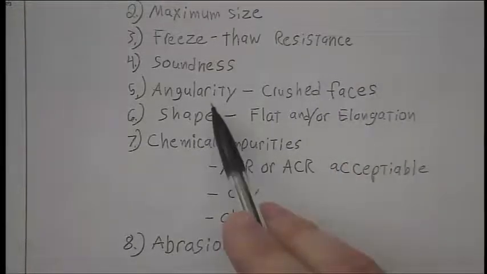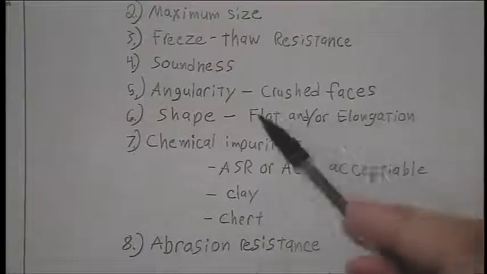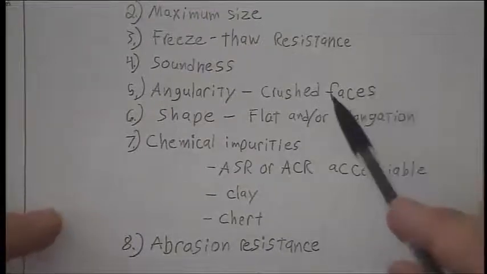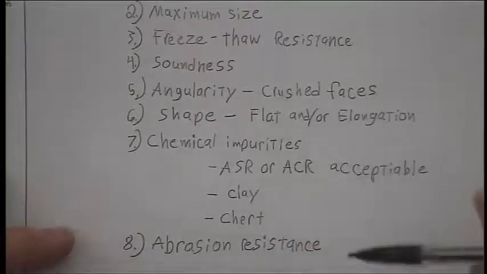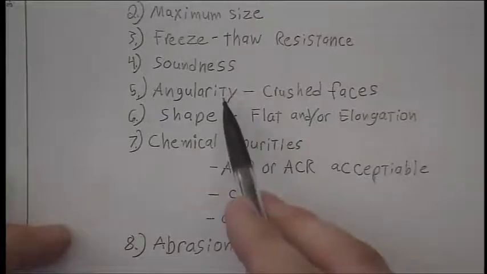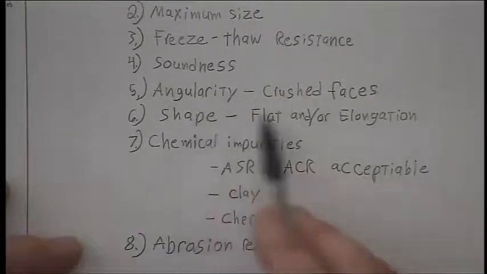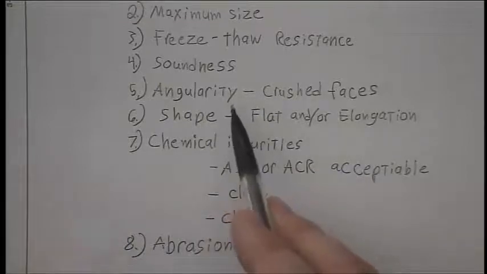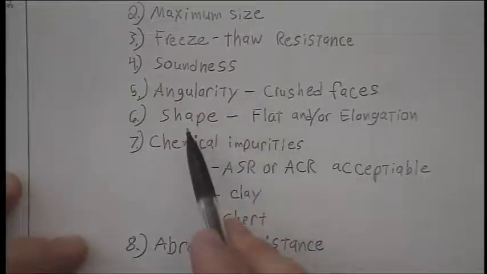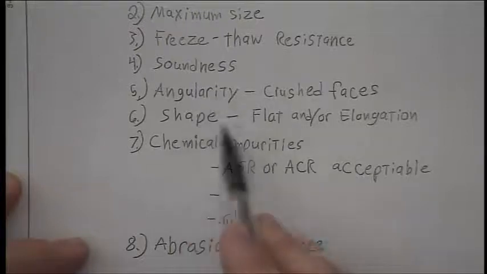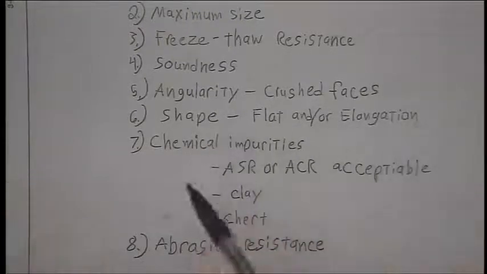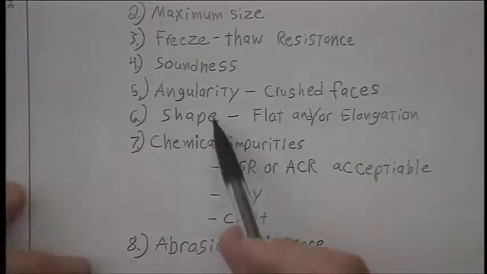The angularity and shape we talked about last time, where depending on your application, sometimes in concrete people would prefer more river rock, which is smoother, but typically people want a very cubical shape aggregate.